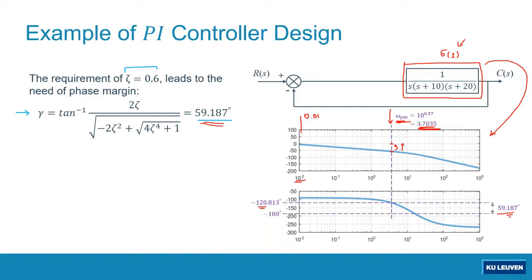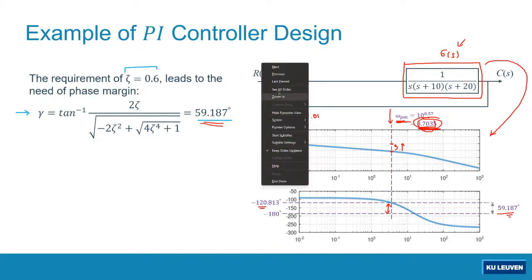If the magnitude plot is shifted up about that much, this point will be located at this point, which means the magnitude plot at this frequency will be equal to 0 dB. That will bring a consequence that this frequency will be our phase margin frequency, and if that is the phase margin frequency, we will indeed get the desired phase margin, right?